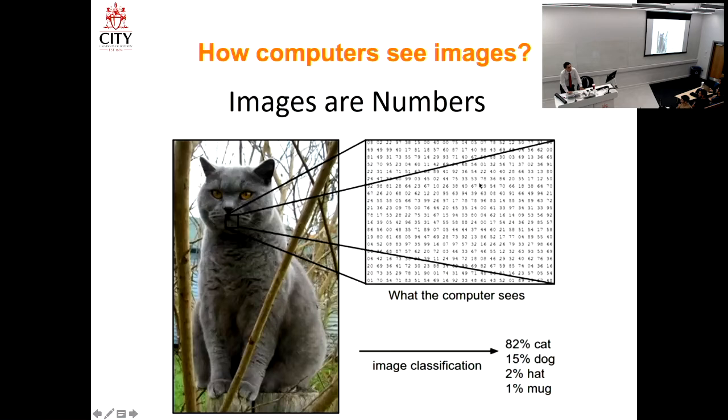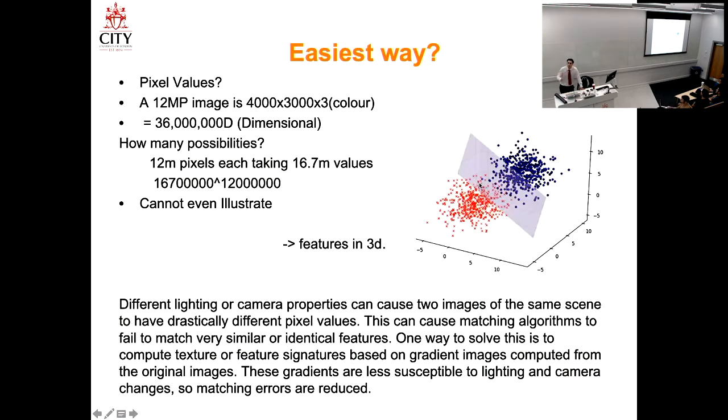But to come up with this line, the simplest way I can do is to encode all possible images in the world, store them in a computer, and say, whatever new image I have, I'm going to see which category it is. But this is not practical, as we discussed before, because if I have a 12 megapixel image, I'm going to have 36 million dimensions in 3 colors, and the number of possible images that I can draw or have is going to be 16.7 million to the power of 12 million, which is a very, very, very big number.